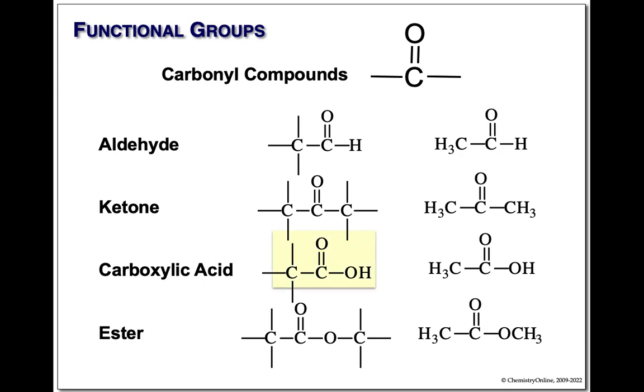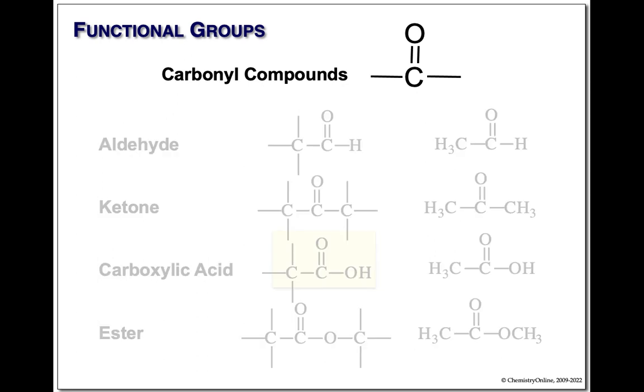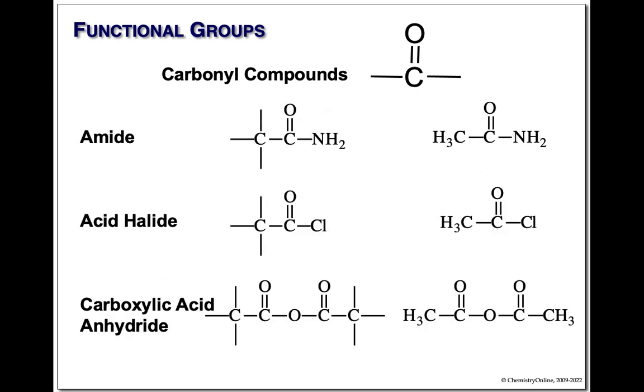Again, remember carboxylic acid. This is an ester where we have another carbon attached instead of a hydrogen. This is an amide if we have an NH2 attached to the carbonyl. And again, that's important. Acid halide, acid anhydride, whatever.